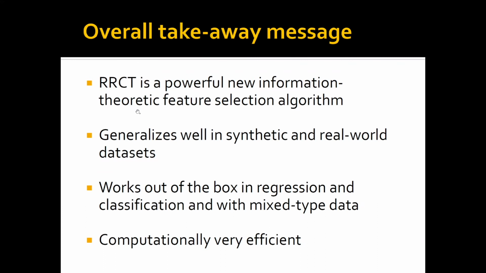It is one of the few algorithms that can work computationally very efficiently, both with regression and classification problems. And intrinsically, the way I'm doing the computations, I can work with mixed type data. That means if my variables are continuous or discrete, my algorithm intrinsically takes that into account, whereas other algorithms in the literature will actually stumble.